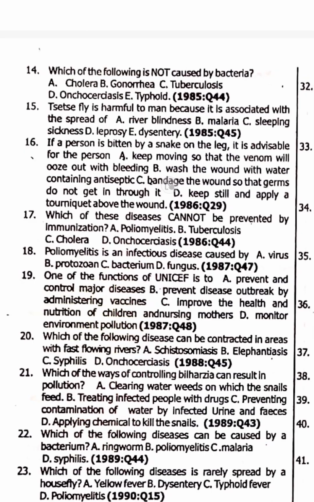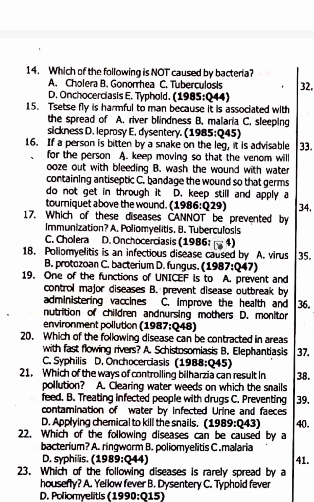You cannot vaccinate against it. But you can do vaccination against tuberculosis and polio, even cholera. Poliomyelitis is an infectious disease caused by a virus. 18 is option A. Don't forget, polio is caused by a virus.